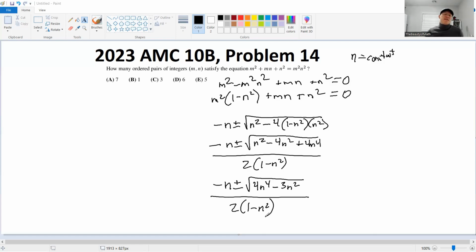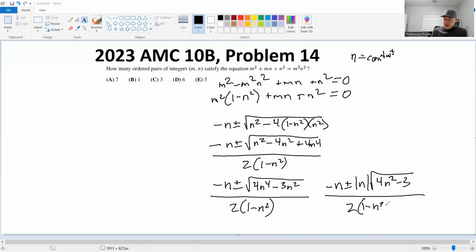There are options here at this point. You could take the n squared and factor it out as an absolute value of n, so you would get negative n plus or minus the absolute value of n times the square root of 4n squared minus 3. You don't really need to do that because there's an issue regardless.